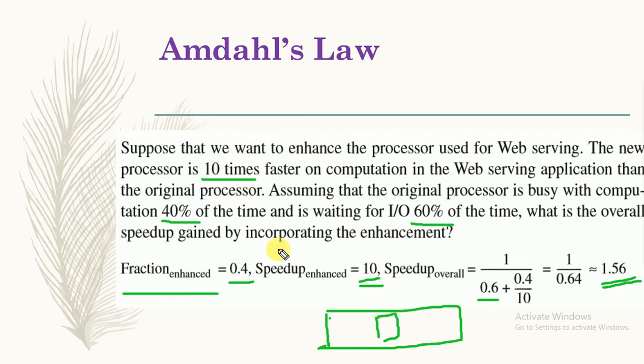Speed up enhanced for that particular device, the CPU, is 10 times. So for the entire system, only for the CPU, which is used 40% of the time, is being enhanced 10 times. So automatically the entire system has an overall speed up of 1.56. I hope it is clear.